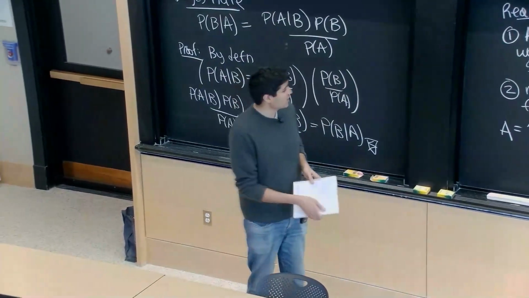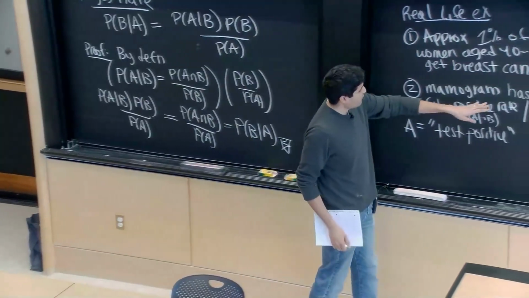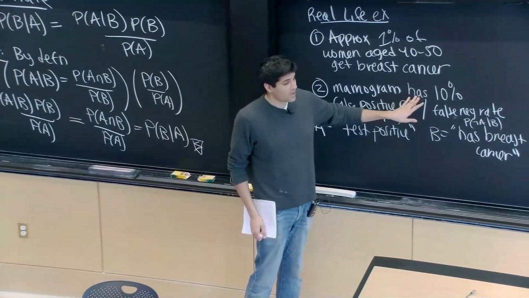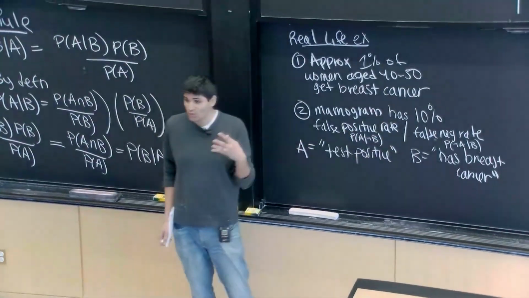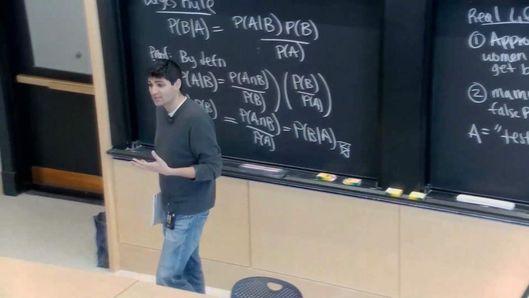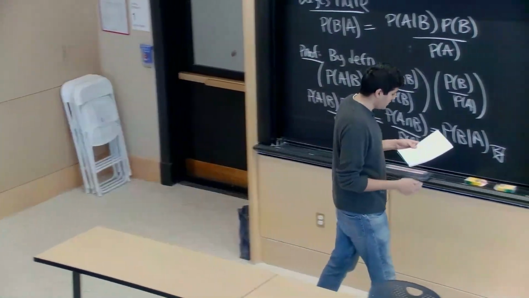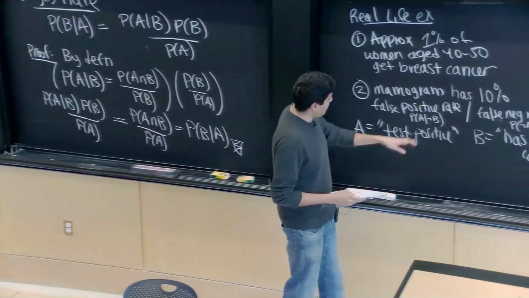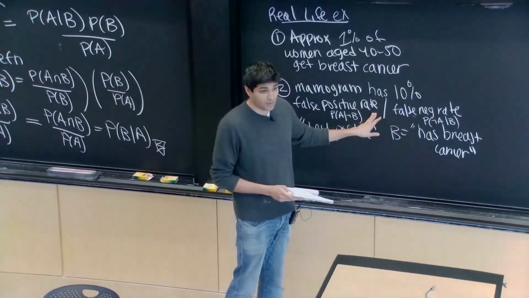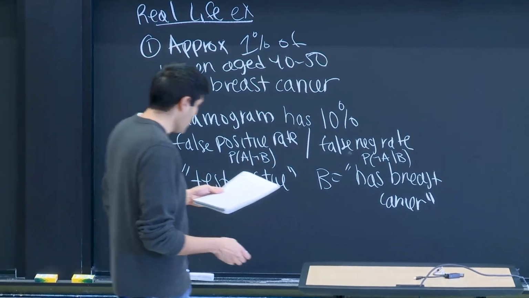A lot of these tests, we have much higher accuracy tests. But the idea is that you usually deploy some lower accuracy test as a screening procedure, to try and get a rough idea. But then the question is, how much stock should you actually put in the test results?